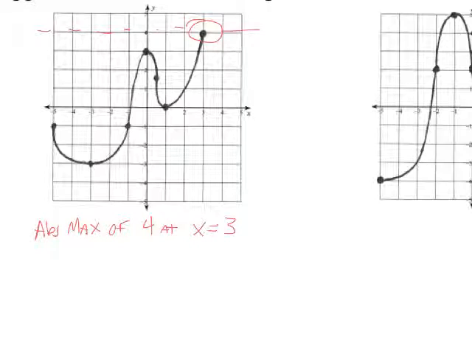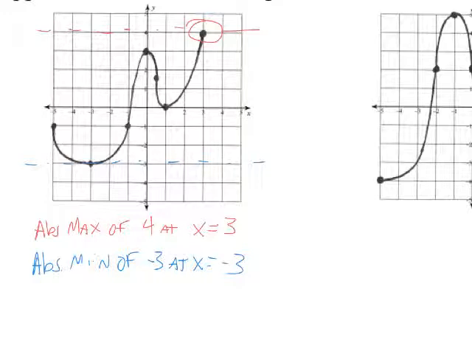And then we look for the absolute minimum, and our absolute minimum occurs at this location. So we can write absolute minimum of -3 at x equals -3.